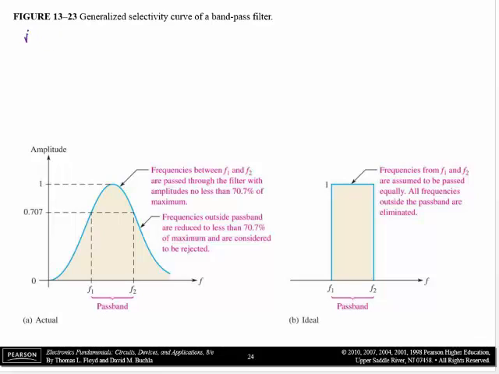Let's say that the power out at 1 kHz of an RLC passband filter is 10 milliwatts, and the power out at, let's say, 500 Hertz equals 2 milliwatts.